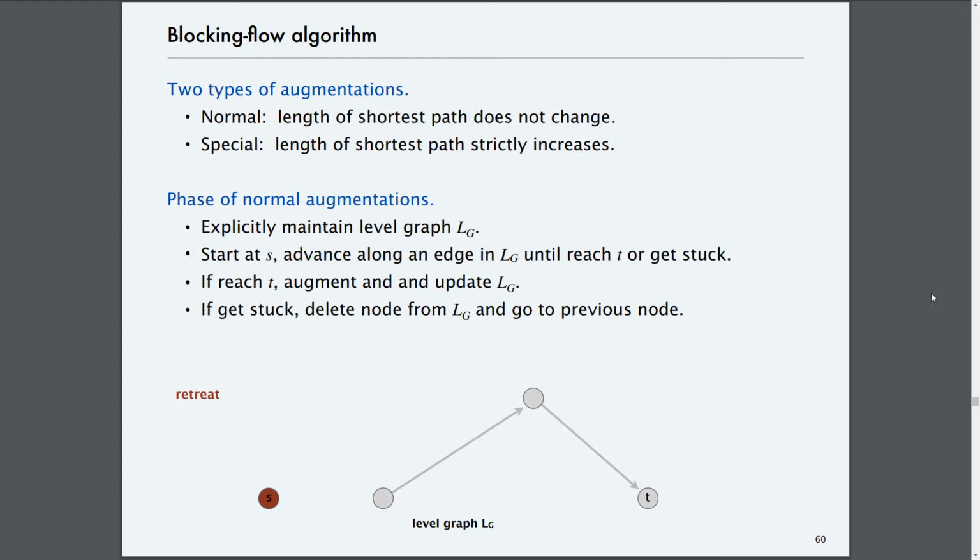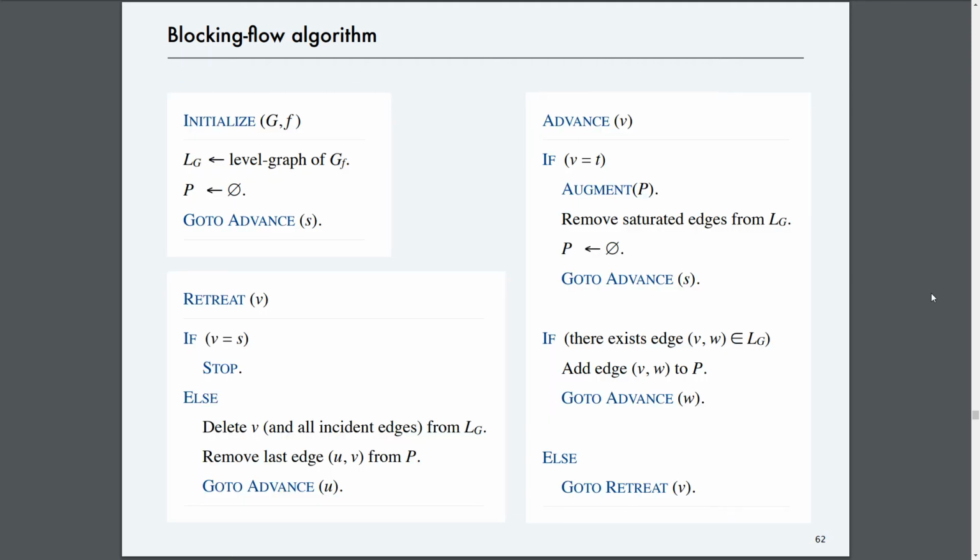So we delete the node, and we're done. We can't do any more. So here is the algorithm in the different steps: we have the initialization, the advancing, and the retreat.